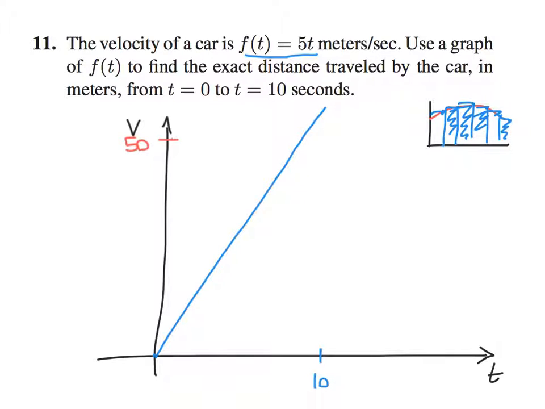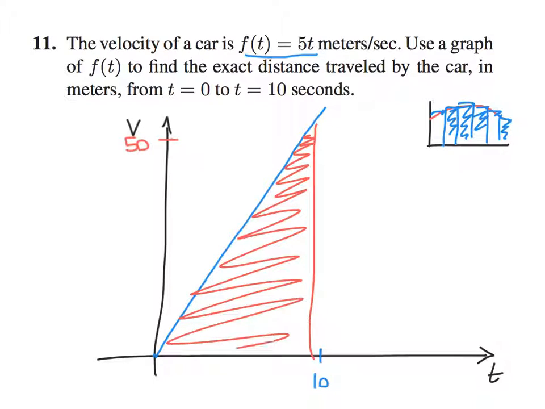approximations. Here, however, we see immediately that the area we're interested in is a very nice triangle. And we know geometrically how to compute areas of triangles. So the total distance is equal to the area of the triangle.